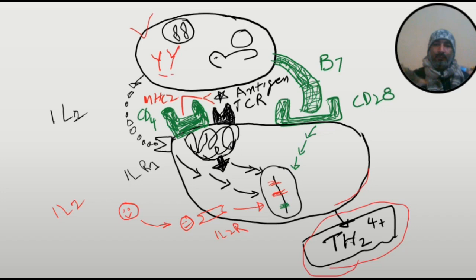I am just showing one cell, but in fact a lot of cells, a lot of antigen is presented by macrophage, and a lot of cells will be activated, and that cell is selected by the macrophage. Then that will eventually begin the process of clonal expansion, which I am not showing here.